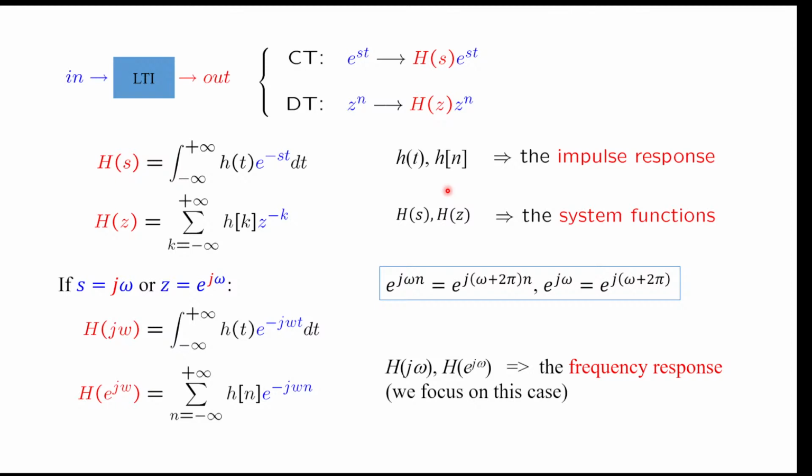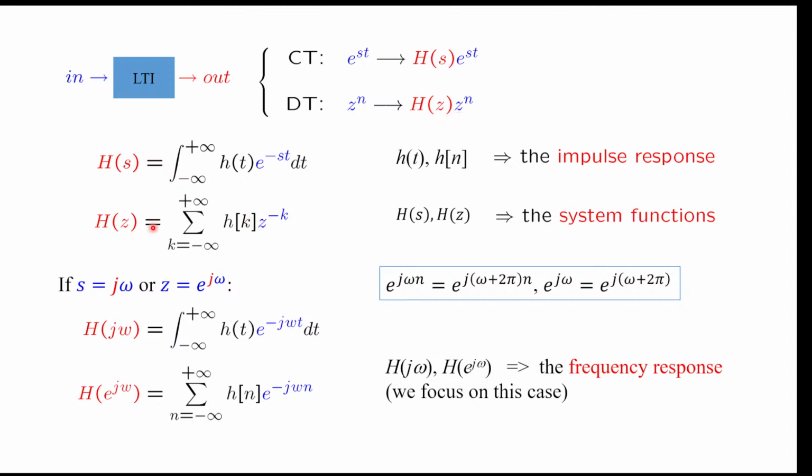For the continuous-time case, e to the st will be an eigenfunction, and for the discrete-time case, z to the n will be an eigenfunction. And they will have some eigenvalues H of s and H of z, where s is this s here, and z is this z here.